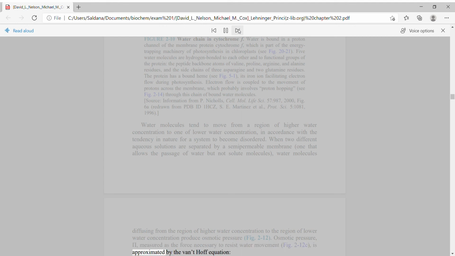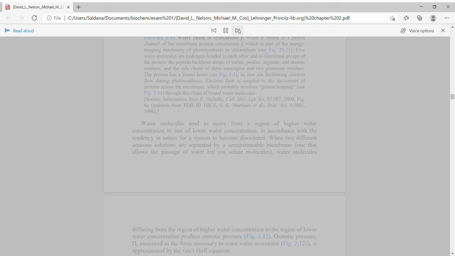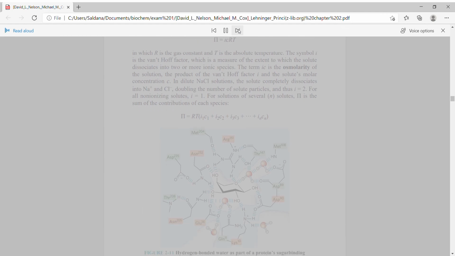2-12c, is approximated by the Van 't Hoff equation: pi equals iCRT, in which R is the gas constant and T is the absolute temperature. The symbol i is the Van 't Hoff factor, which is a measure of the extent to which the solute dissociates into 2 or more ionic species.